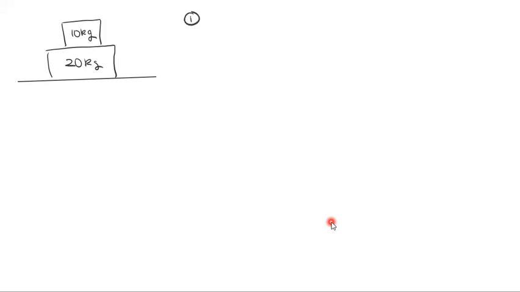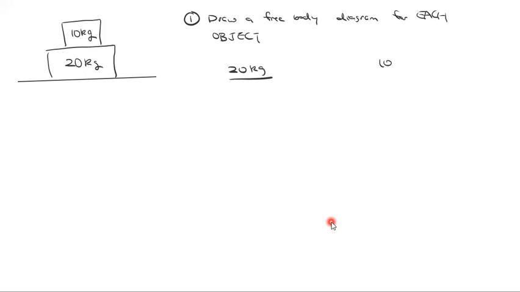You need to draw a free body diagram for each object that you are considering. So I'm going to consider the 20 kilogram object, and I'm going to consider the 10 kilogram object, all right?